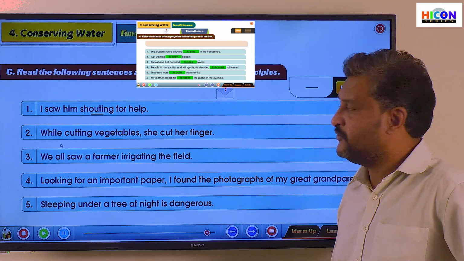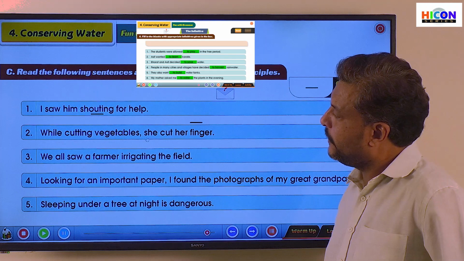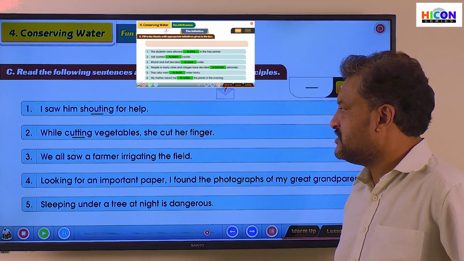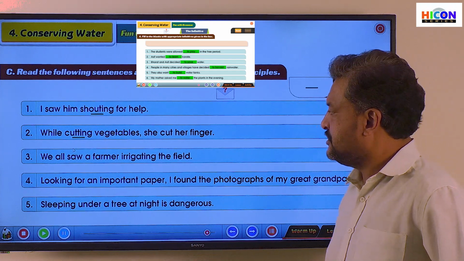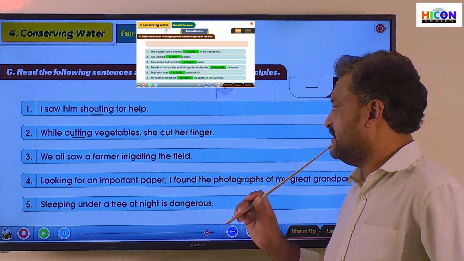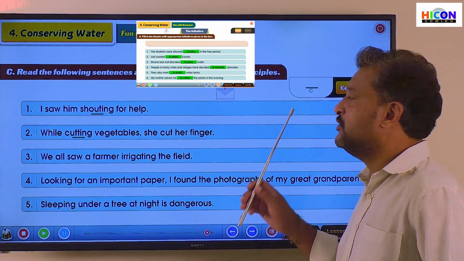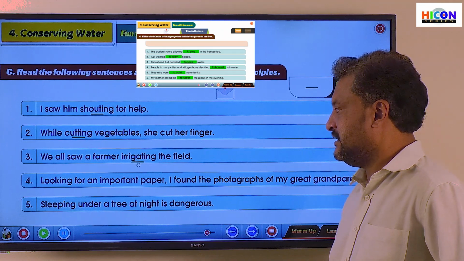The ing form of the verb, cutting. Yes. We all saw a farmer irrigating the field. The ing form of the verb is irrigating, isn't it? Yes, that is the present participle also. So what should we do? We should draw a line under irrigating.